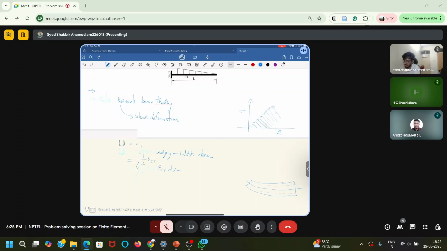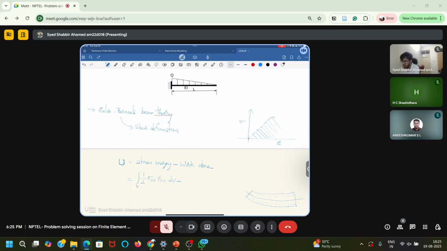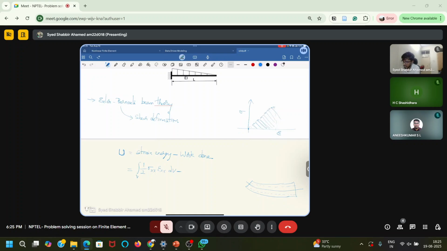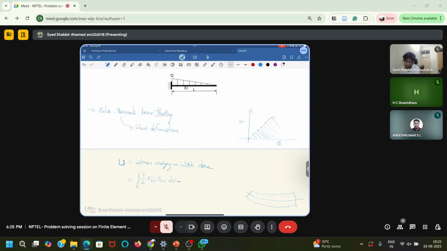And the work done. Work done is nothing but force into displacement. So I can write this force as q into 1 minus x by L. The maximum intensity of this force is q, and the minimum intensity is 0.